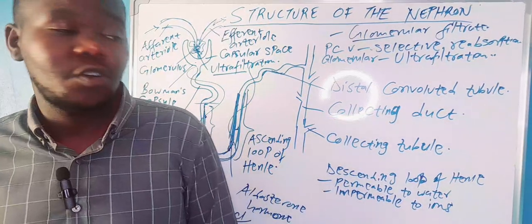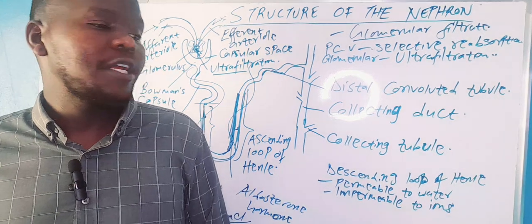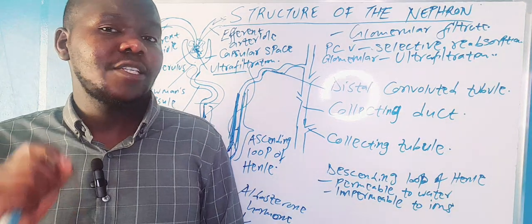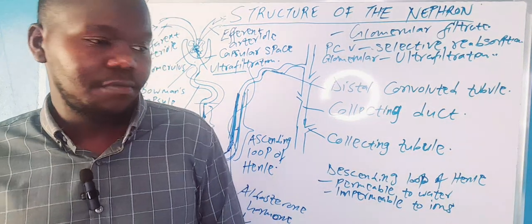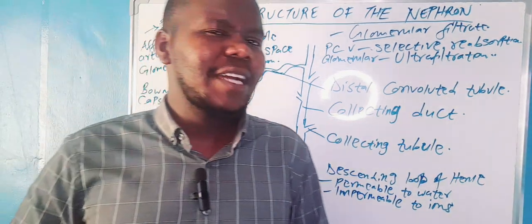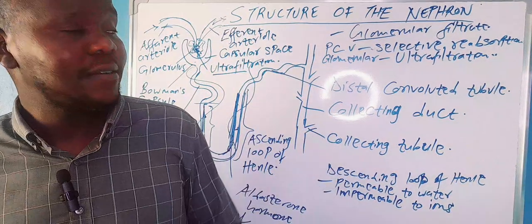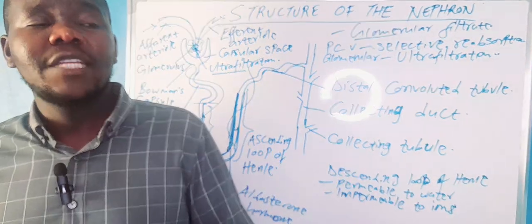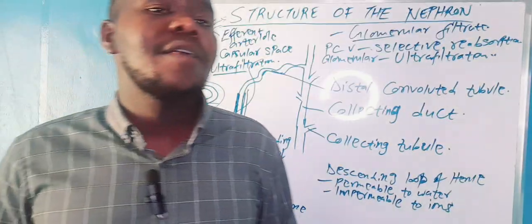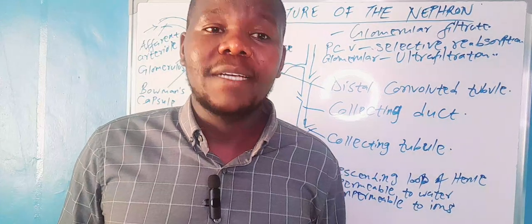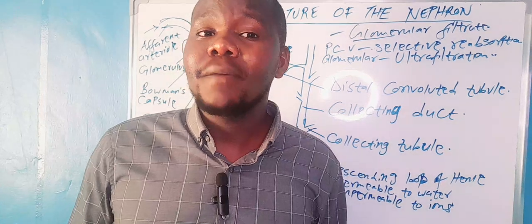What happens in the distal convoluted tubule? The sodium chloride was injected into the blood, so the osmotic pressure can rise above normal. And when it is above normal, it will be detected by the hypothalamus, which will send an impulse to the pituitary gland.